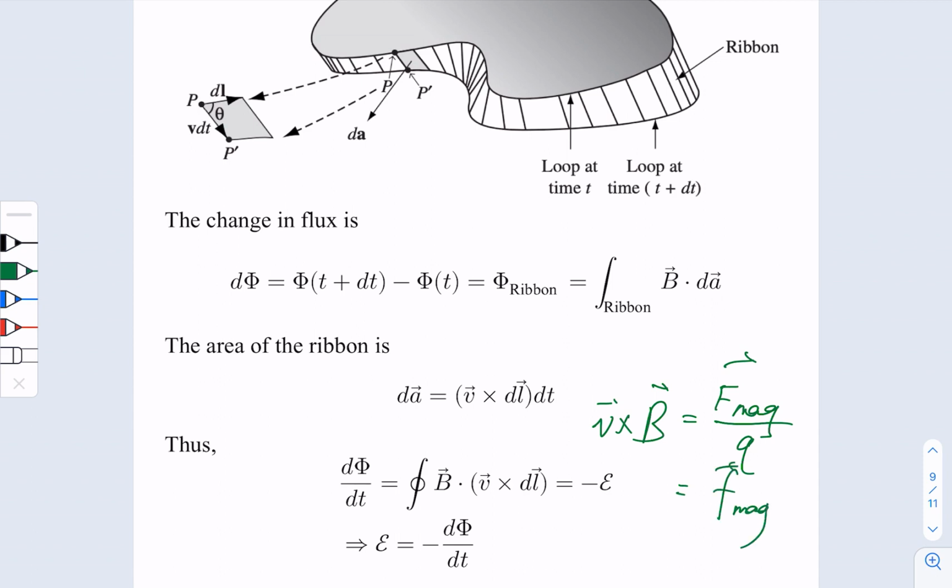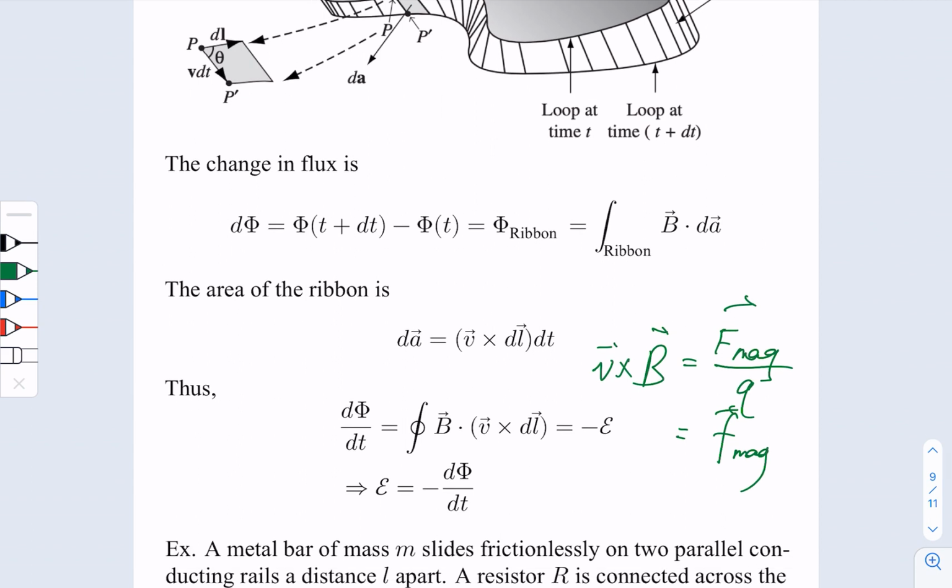So we can transform that to the negative of V cross B times dl, which is the negative of the integral of f dot dl, and on the right-hand side that is simply the negative of the EMF.